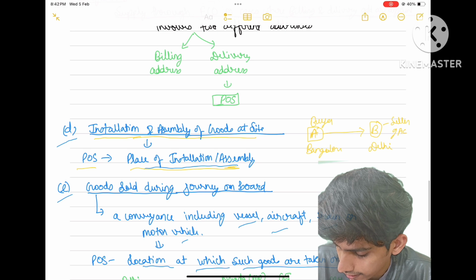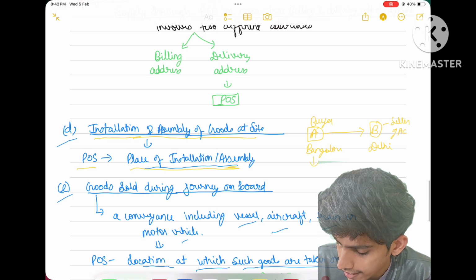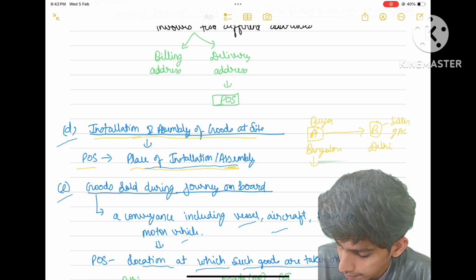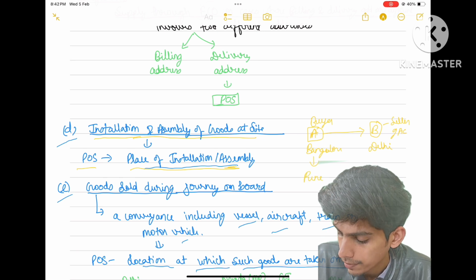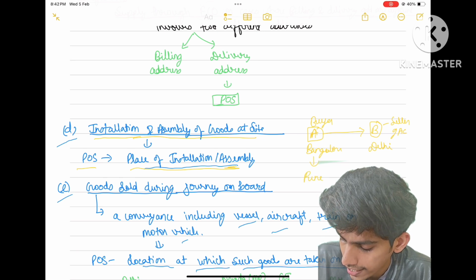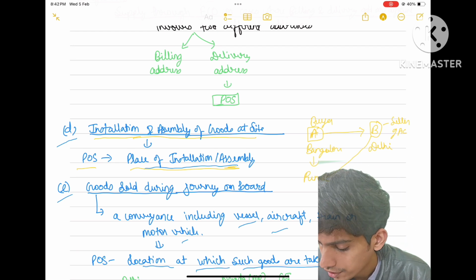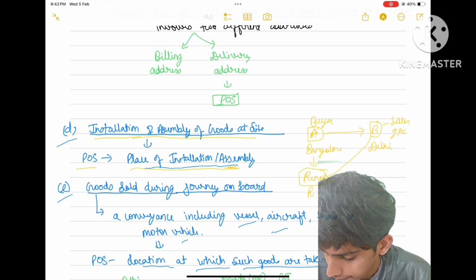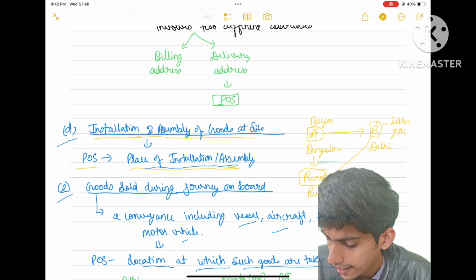Mr. A gives an order that please install the AC at my another branch which is in Pune. So Mr. B will supply the AC and install it at Pune. So the place of supply will be Pune and he will levy IGST.